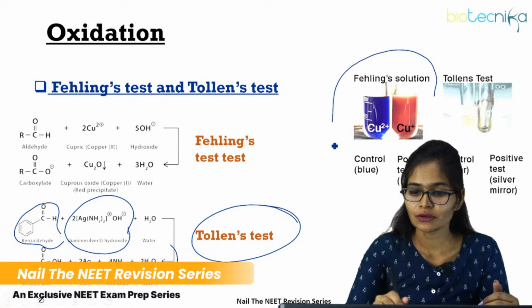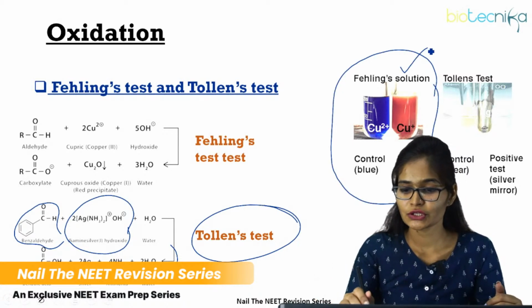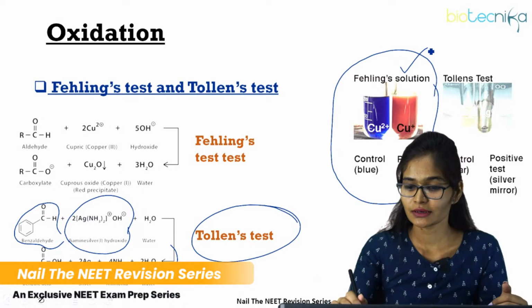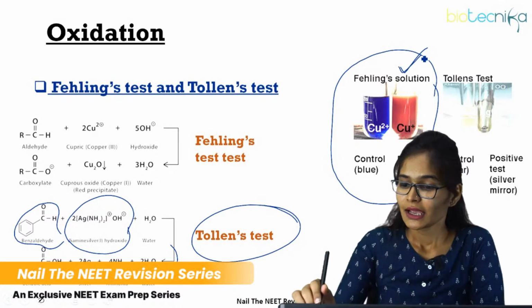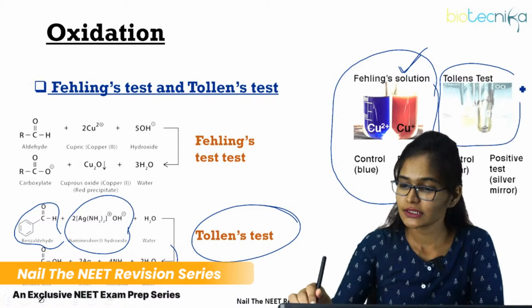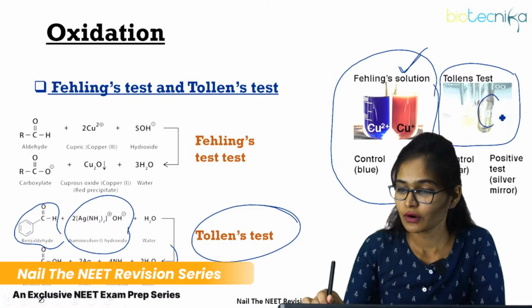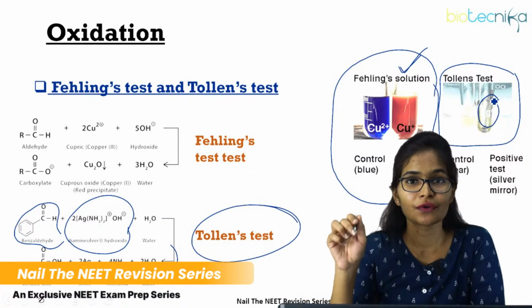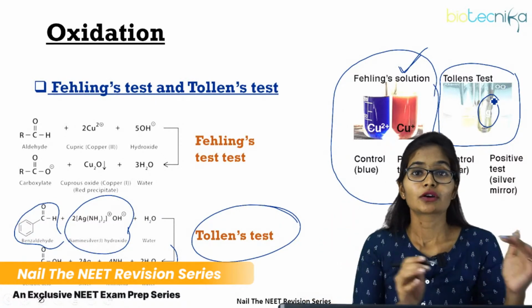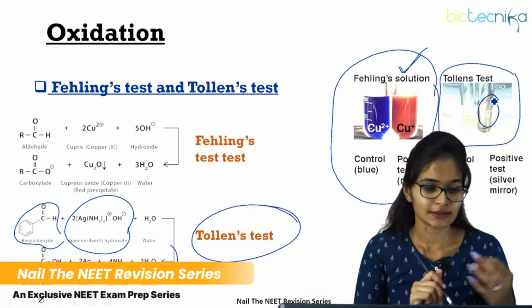You can see the test tube colors overall. In Fehling's test, the positive test indicates formation of a red or red-brown precipitate. In Tollens' test, it forms the ammoniacal silver mirror, where the silver is present in the test tube, giving a silver color. That is the oxidation of aldehydes by Fehling's test and Tollens' test.